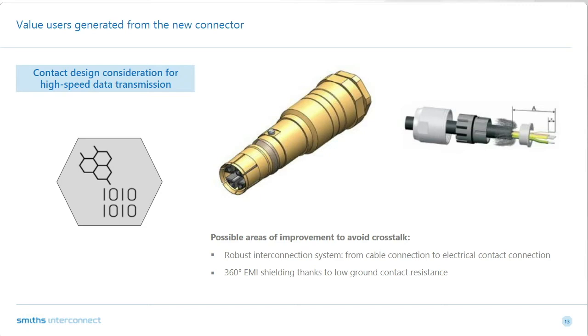Now, to reduce maintenance and electrical failures, cable fixing is necessary even for high-speed cables and can be achieved thanks to the robust cable clamp system that allows you to effectively connect the ground shielding to the high-speed contact.